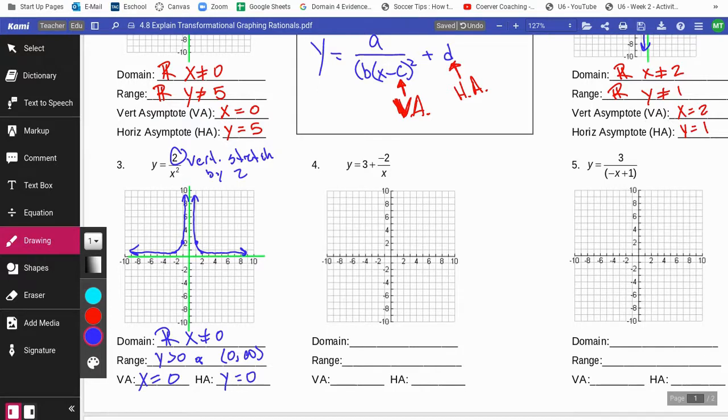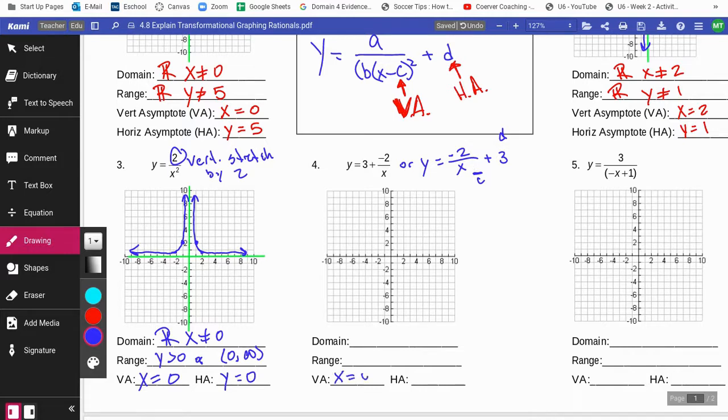And then for number 4, even though this is written a little bit different, I'm going to rearrange it. Y equals -2 over x plus 3. Now we're looking at the d value here and a c value right there. If I'm just looking at the equation, there is no c value, so c value is 0.